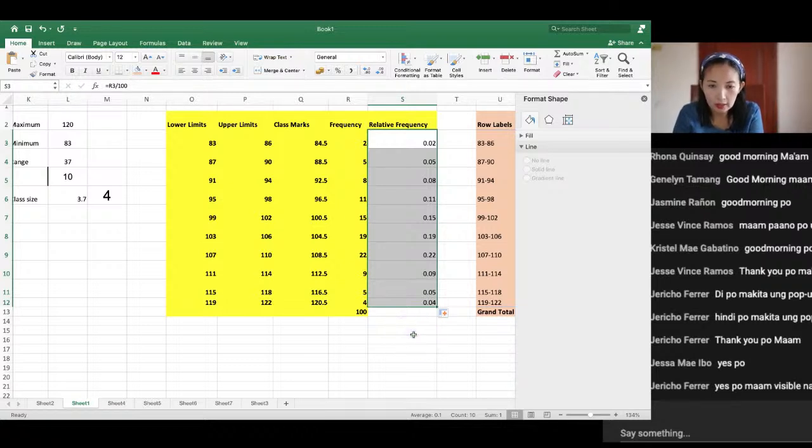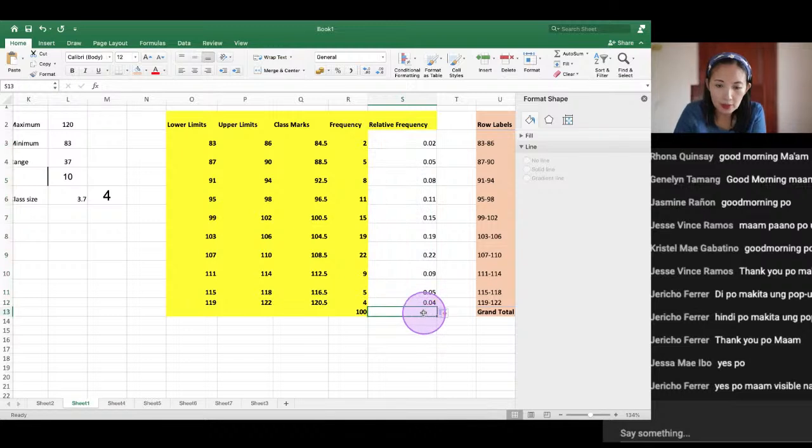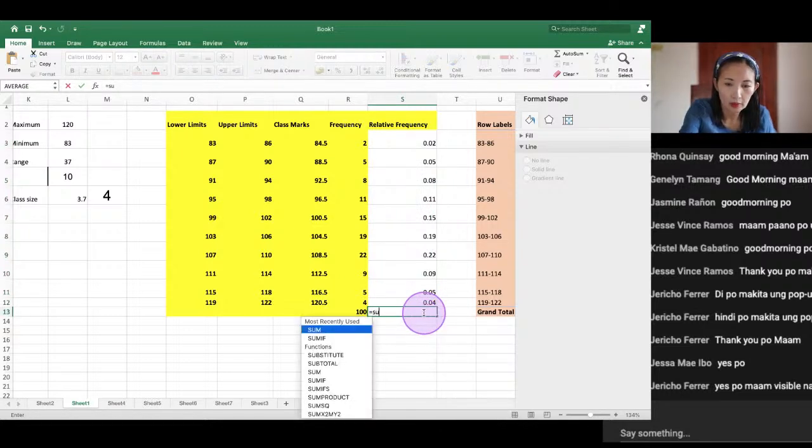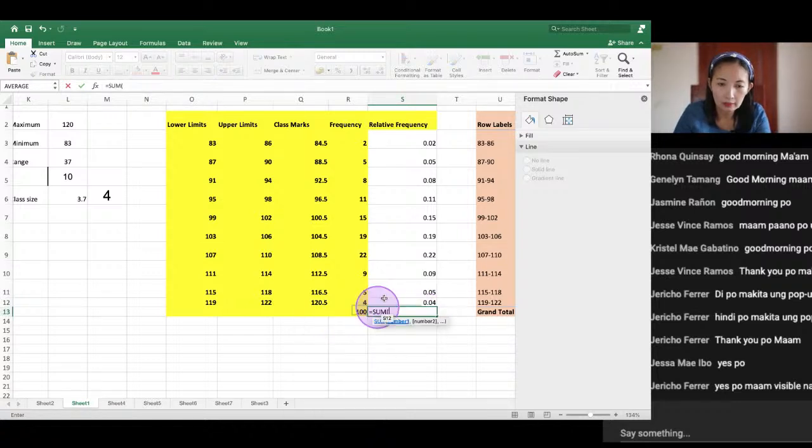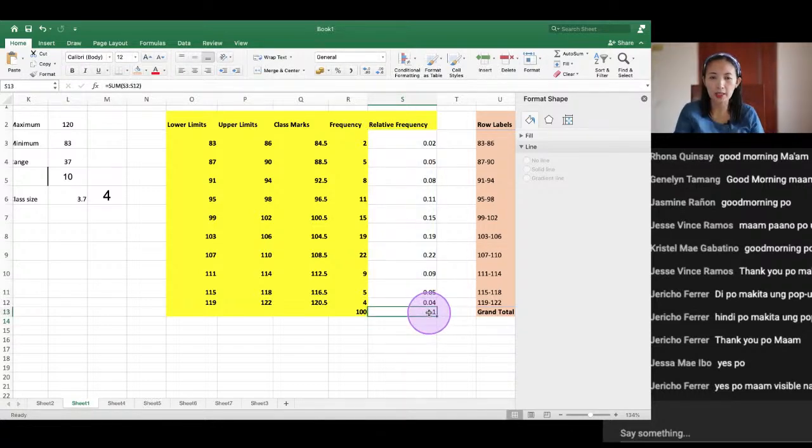So that's it. Let's get the sum of all these entries. This is supposed to be 1, otherwise something is wrong. Oh, correct. The sum is 1, meaning 100%.